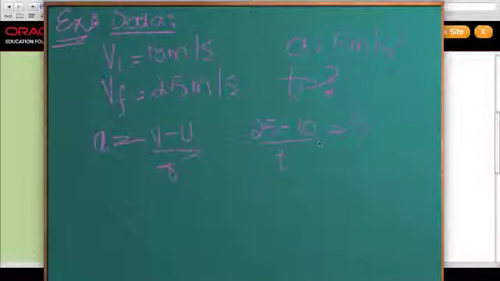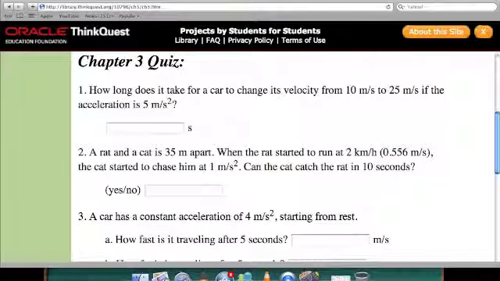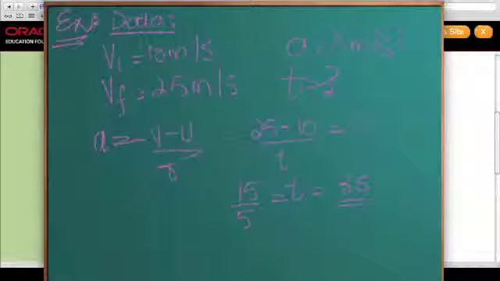So let's just switch 5 with t. So this would be 25 minus 10 is 15, divided by 5, equals t. t equals 3 seconds. So our answer is 3 seconds. Okay. Let's move on to the other example.